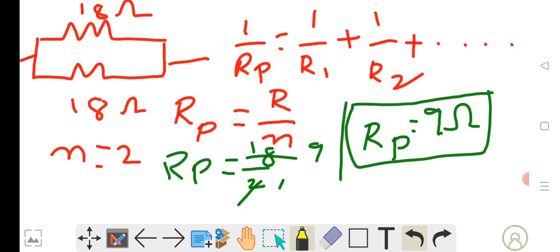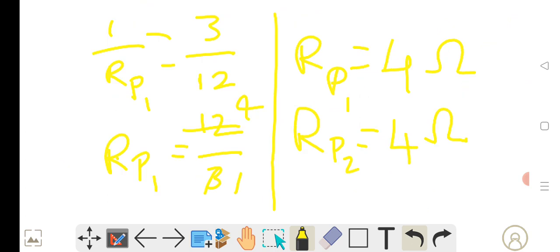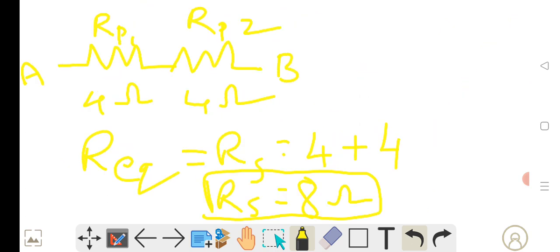We have Rp is equal to 9 ohms. So the equivalent resistance here, R equivalent is equal to 9 ohm. In the same way, when the key is closed, you have two parallel combinations. I have solved for one because the values are same. The second also you get the same value, 4 ohm. The equivalent resistance has become 8 ohm. I hope all of you understood this problem.